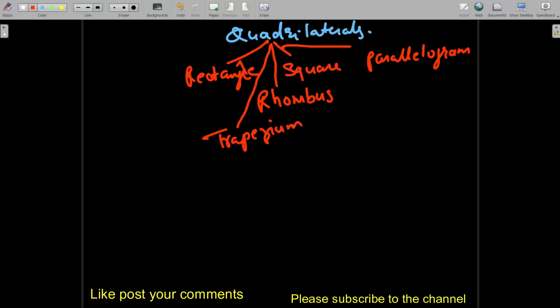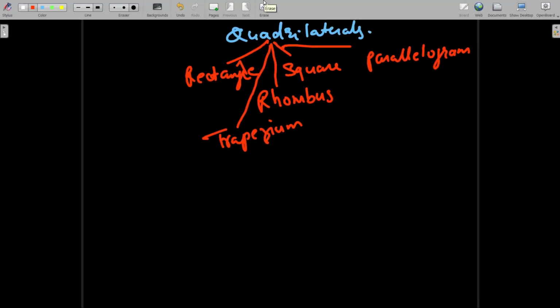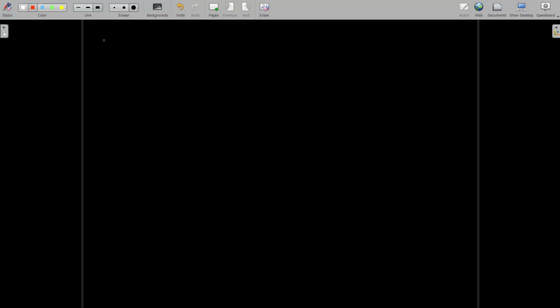Now let me draw the figure and explain one by one. First of all, we'll see the properties of a rectangle.